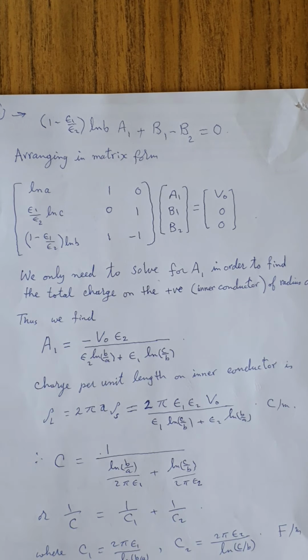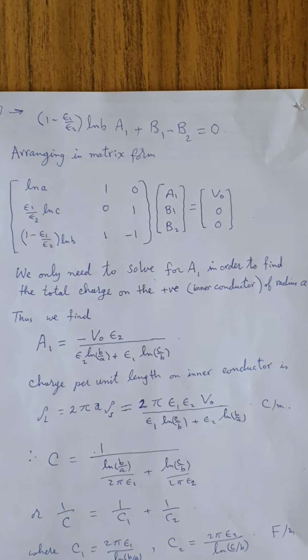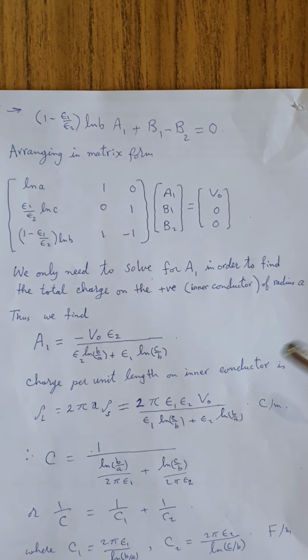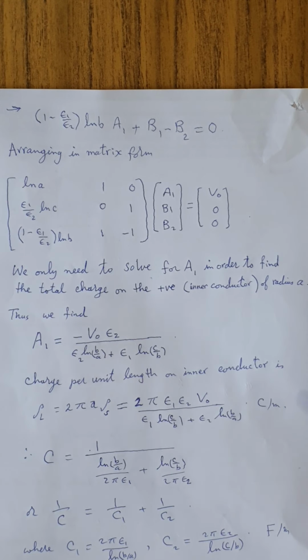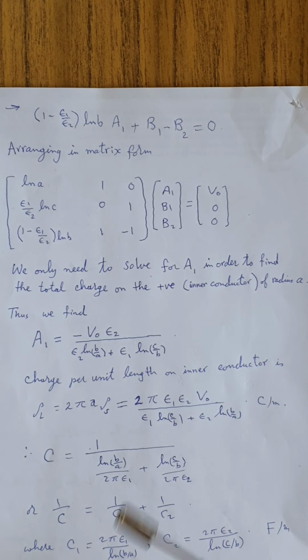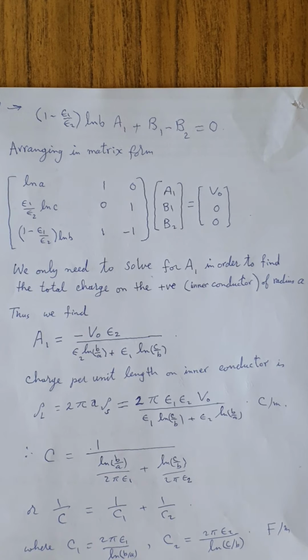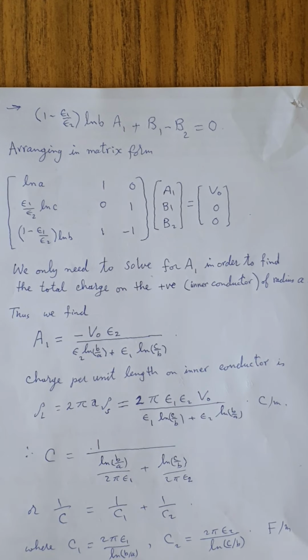We only need to solve for A1 in order to find the total charge on the inner conductor of radius a. Thus we find A1 is given by this equation. Then the charge per unit length on the inner conductor is simply rho L equal to 2 pi a times rho S, which is this.